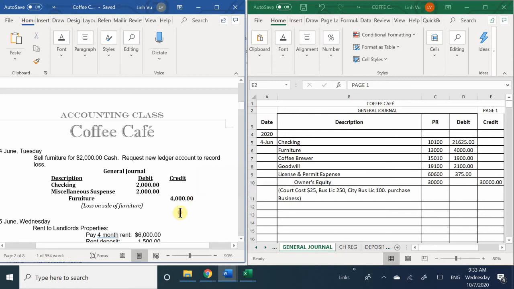You can only either recognize a loss or a gain. And in this case, because you requested to create an account for the loss, I'm going to tell you just place it in a random account. In this case, the random account is called miscellaneous expense. So we haven't properly recognized the loss just yet.